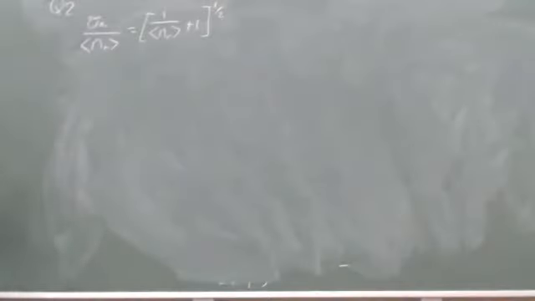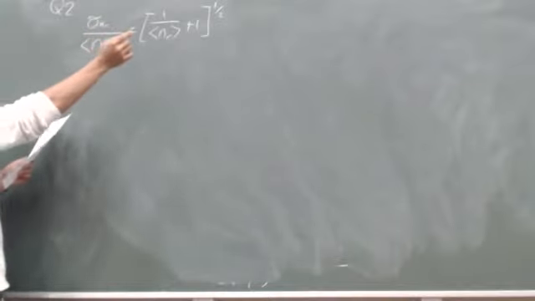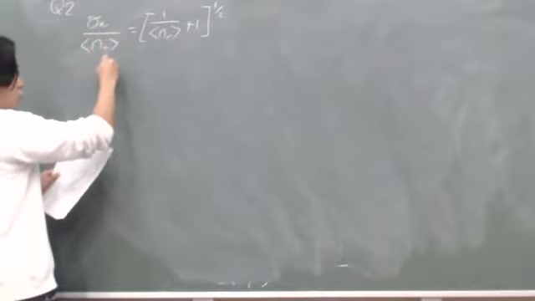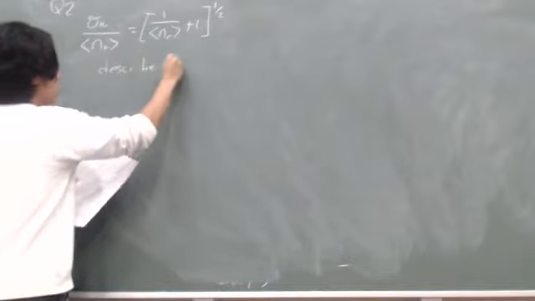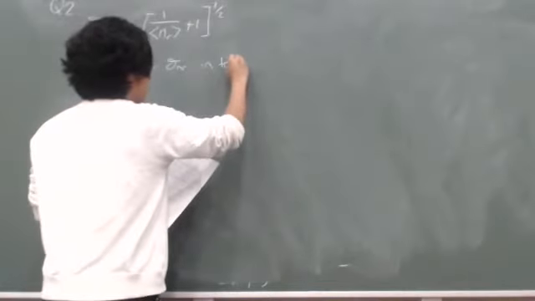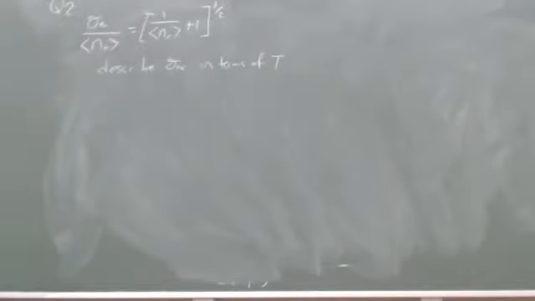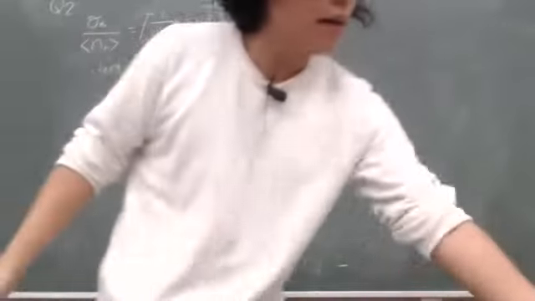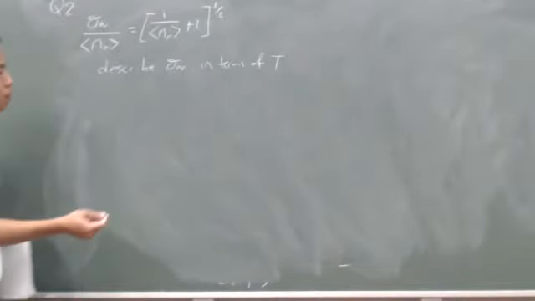Okay, and you want to describe this behavior of this fluctuation, sigma nr, as a function of temperature. So describe sigma nr in terms of T. To describe this, we have to take a few separate limits.